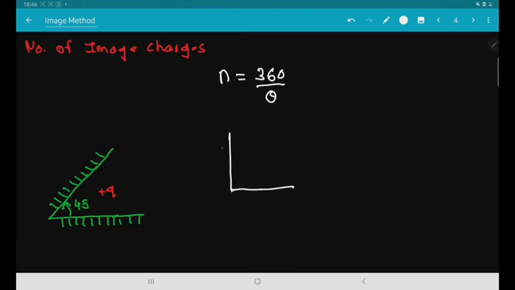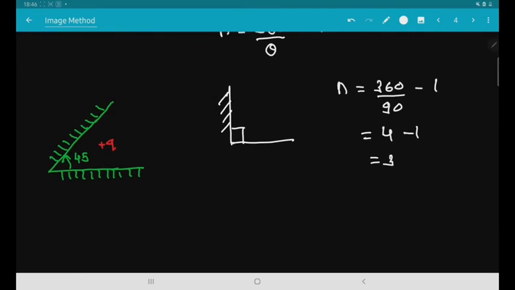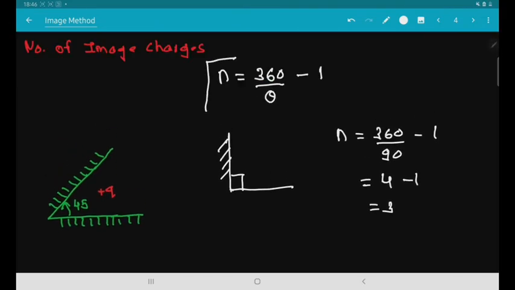In the previous question we had 2 plates at 90 degrees, so 360 by 90 is 4, minus 1, that is 3. That is how we got 3 charges. If the angle is 45, you can divide and find out. So remember this formula, it will tell you the number of image charges to be considered for image problems.